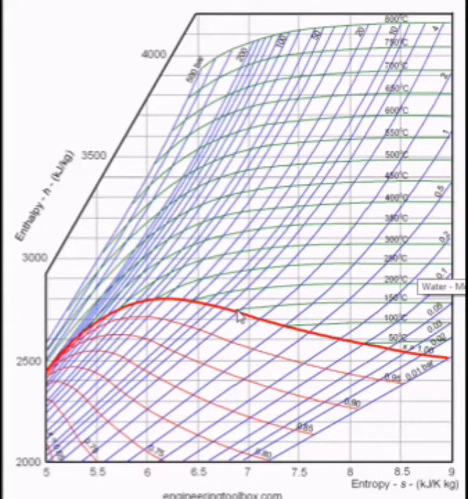Once it reaches the saturation line, be aware that it will stay at the same temperature and pressure until it turns to fully liquid. So when you have a gas that is cooling, please be aware that once you reach this line, you're supposed to follow the pressure line, as the temperature and pressure will remain the same. Okay.